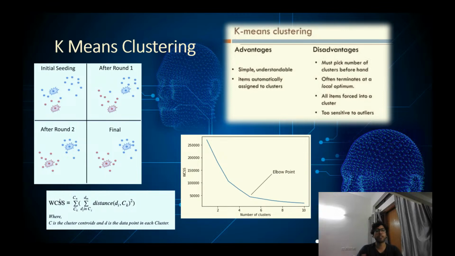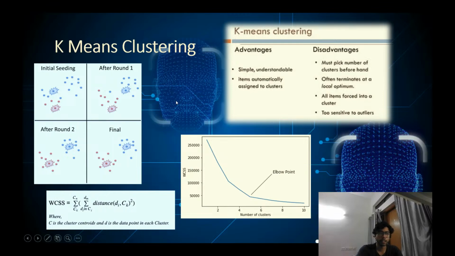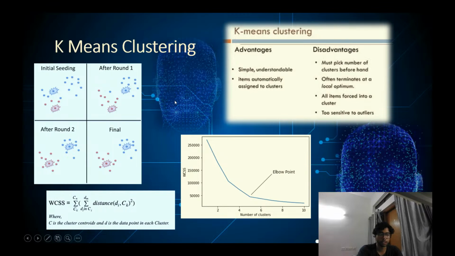If you have big data, you don't know whether you want to cluster the data into two clusters, three clusters, or how many clusters. So how do we determine the optimal number of clusters that can cluster your data?